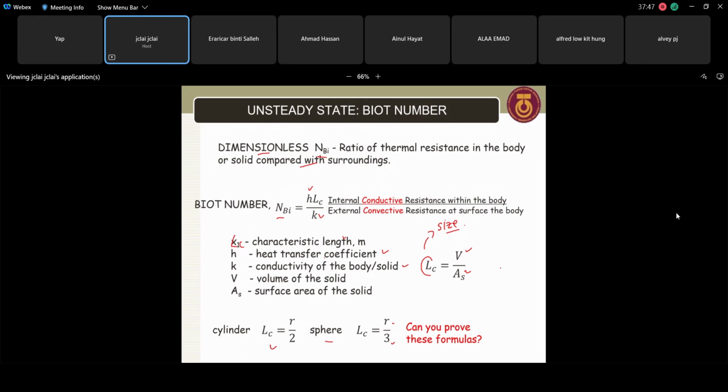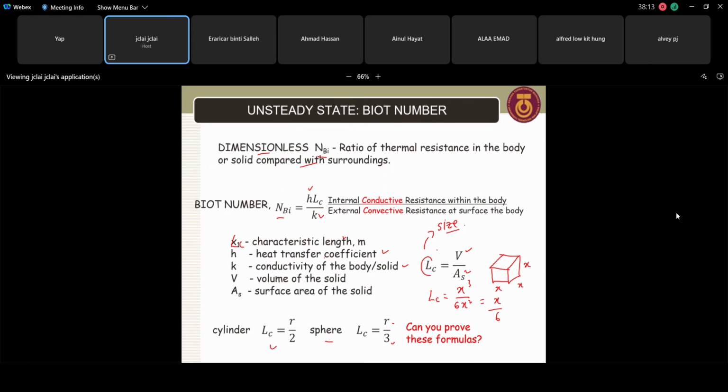Okay, if it is a cube, with length x and height also x, then what do you get? LC equals x to the power of 3 divided by 6 x square, right? So you will get x over 6.